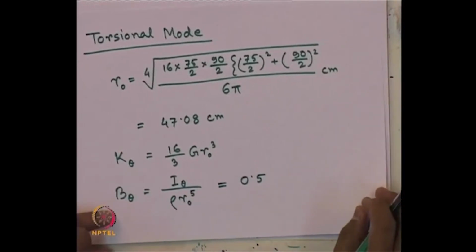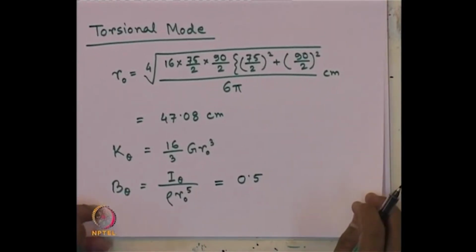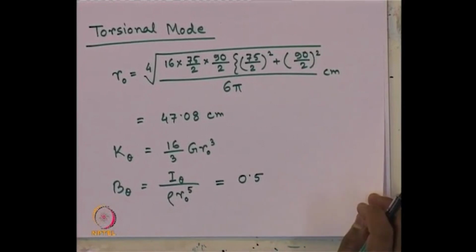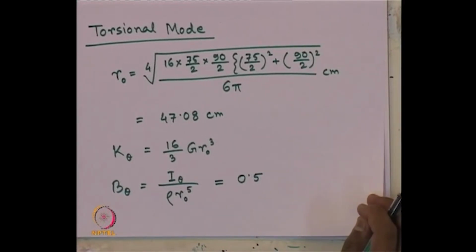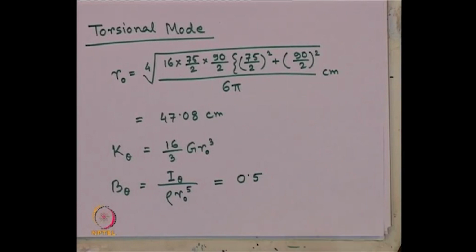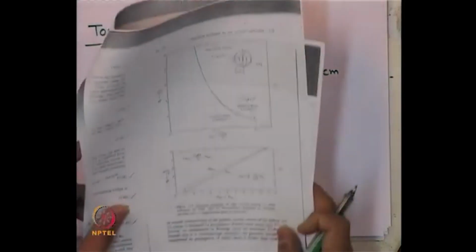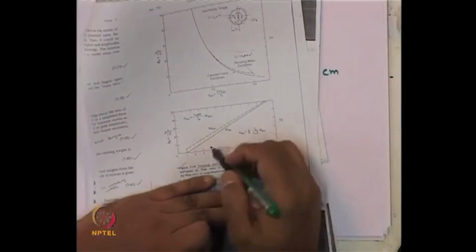Now, for this b theta equals 0.5, let us look at the design chart, which was again given to us earlier. Let us refer to the design chart of Richard's book for torsional mode of vibration. So, which design chart now we should follow? This one.